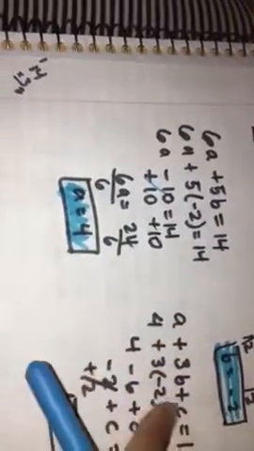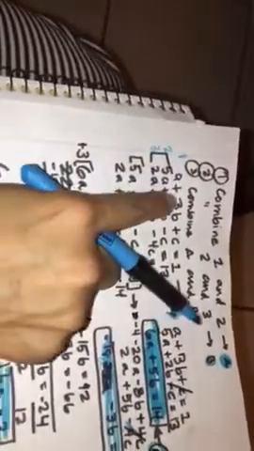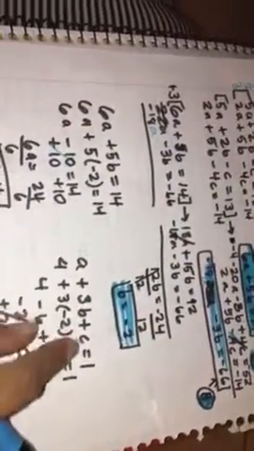Now you have two variables, A and B. Now I'm going to go back to one of my original equations, because now I have to figure out what C is. It doesn't matter which one, but I like to use the one that has the smallest values. So this one right here is a nice one: A plus 3B plus C is equal to 1. I plugged in my A value and my B value.